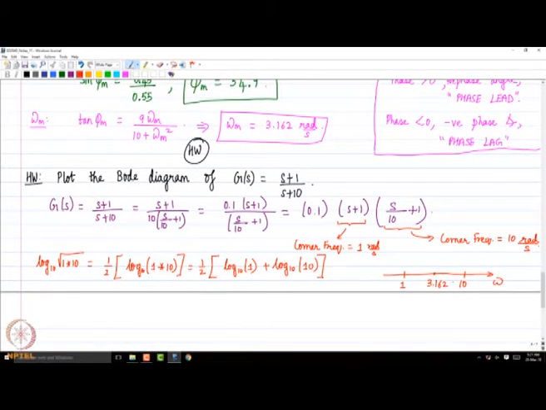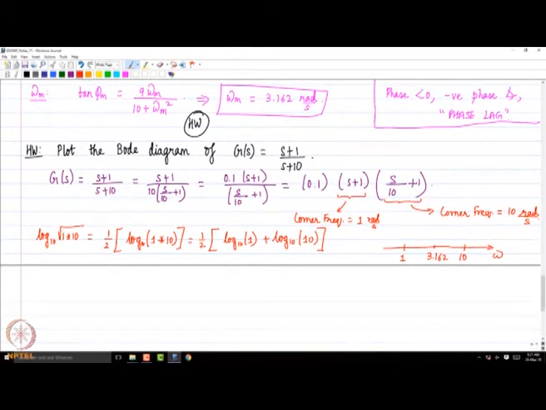Geometric mean, right. So, the frequency at which you get the maximum phase contribution is at the geometric mean of the two corner frequencies in this particular case. This particular transfer function, we will generalize and we will use it in control design, okay.